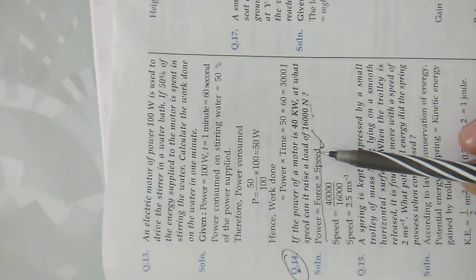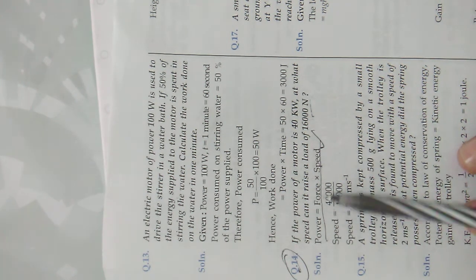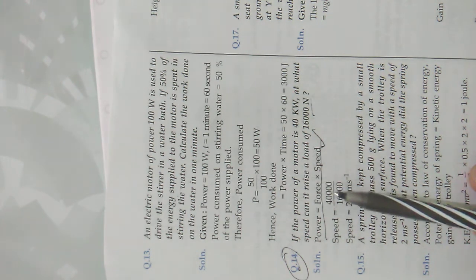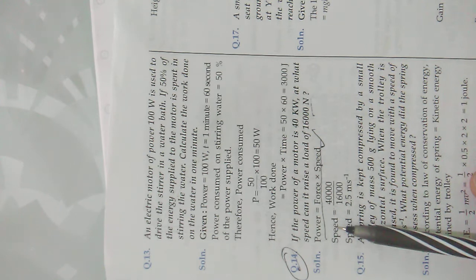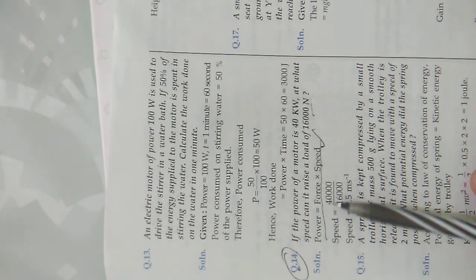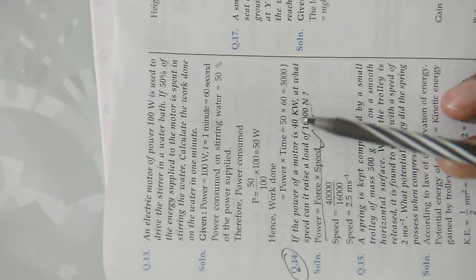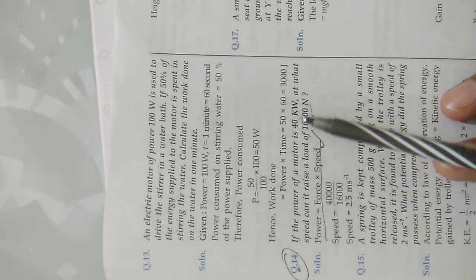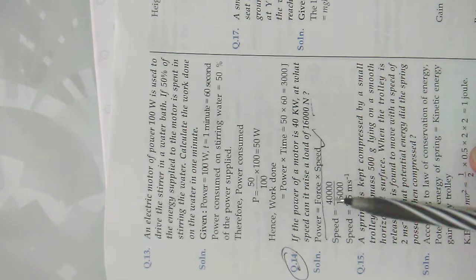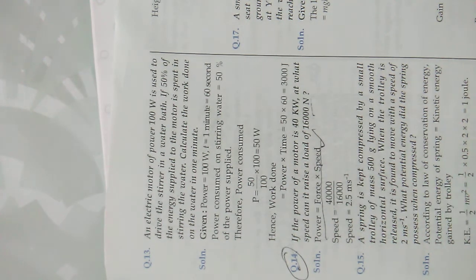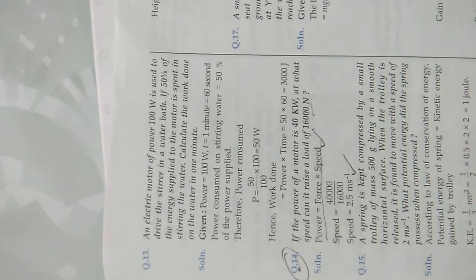So speed equals 40,000 upon 16,000. From where does this 40,000 come? This is the power given to you in kilowatt, so we have converted this into watt. Power upon force, so speed is calculated. It is 2.5 meter per second.